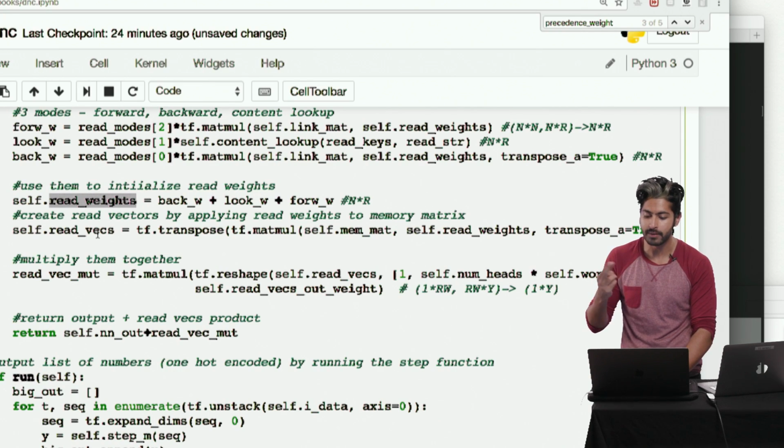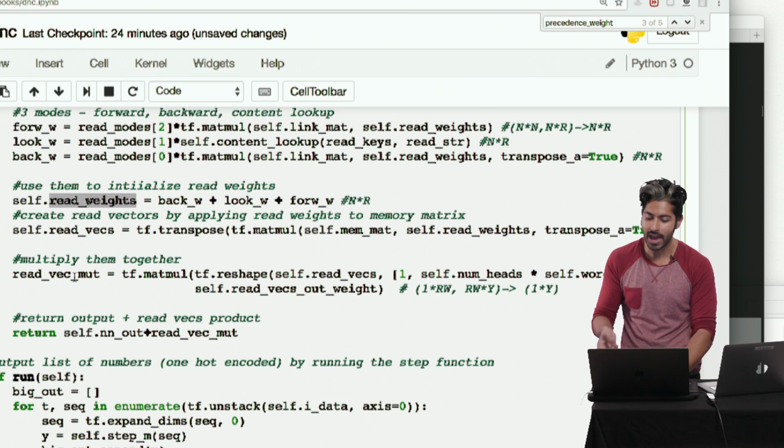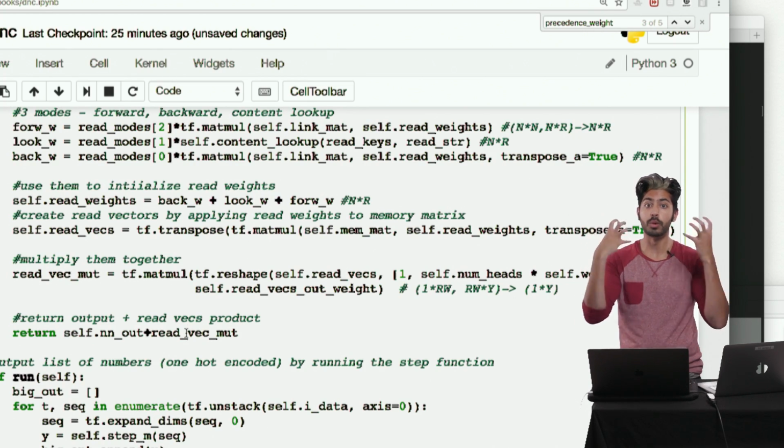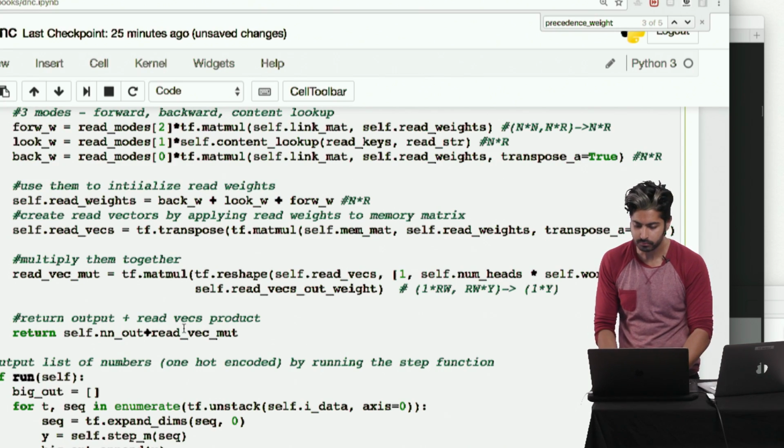And then we'll create our read vector using the read weights and the memory matrix. And then we multiply it together to get our read vector. And then we can return it as the sum of our output and what we just calculated, that product value, which is what we've now read from memory, and we feed it back into the next time step, right?